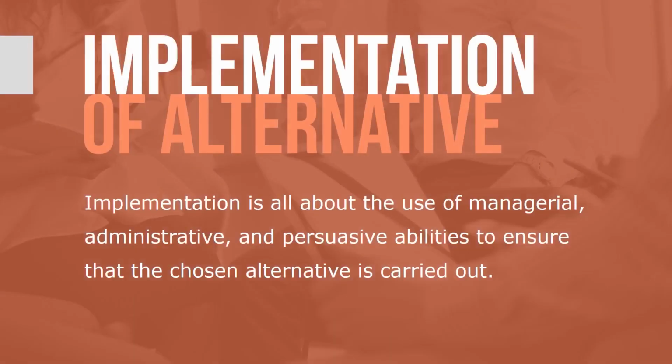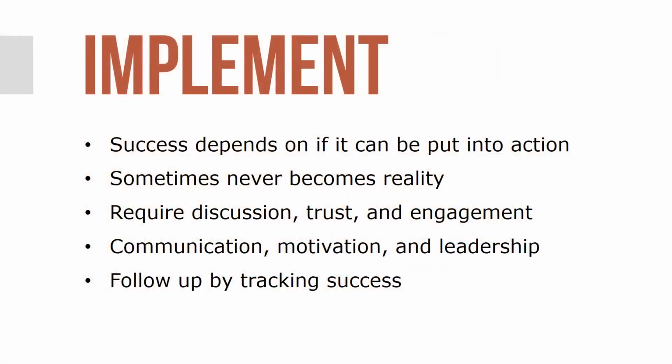Now, implementation is all about the use of managerial, administrative, and persuasive abilities to ensure that the chosen alternative is carried out. The ultimate success of a chosen alternative depends on whether it can be translated into action. Sometimes an alternative never becomes a reality because managers lack the resources or energy needed to make things happen, or they've failed to involve people and achieve buy-in for the decision.